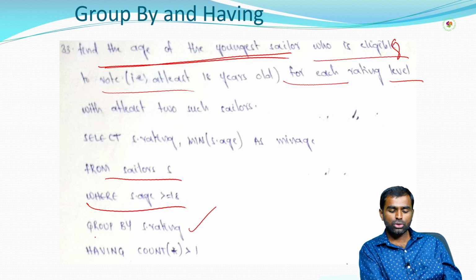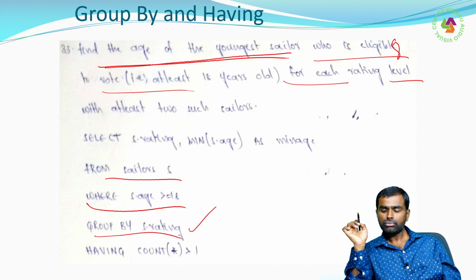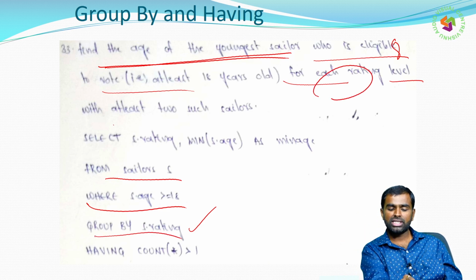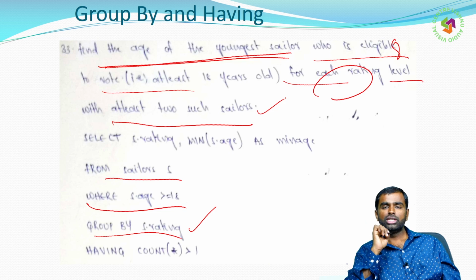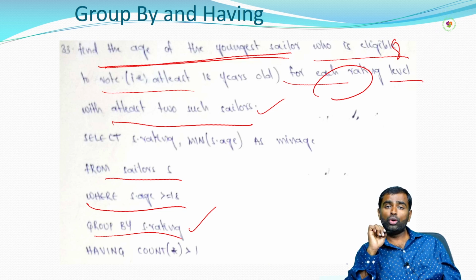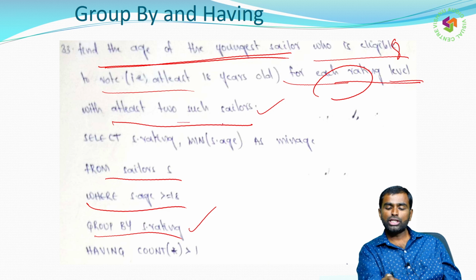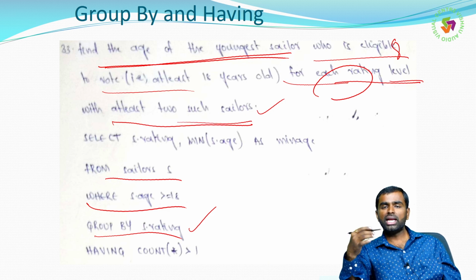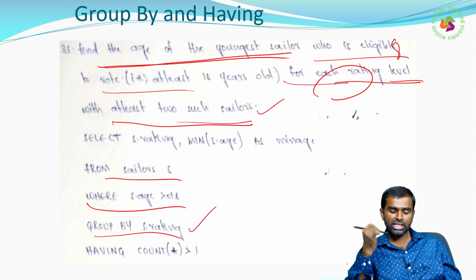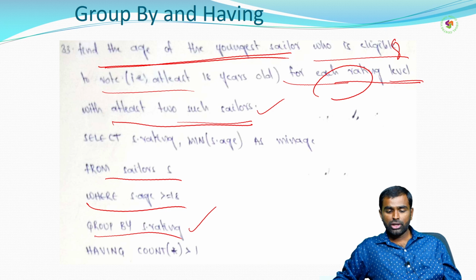In that case you have to use the group by command. On that group, the condition, such as at least 2 such sailors for each rating level, is the condition on the group. Each rating level is the group, and the condition on that group is the having condition.